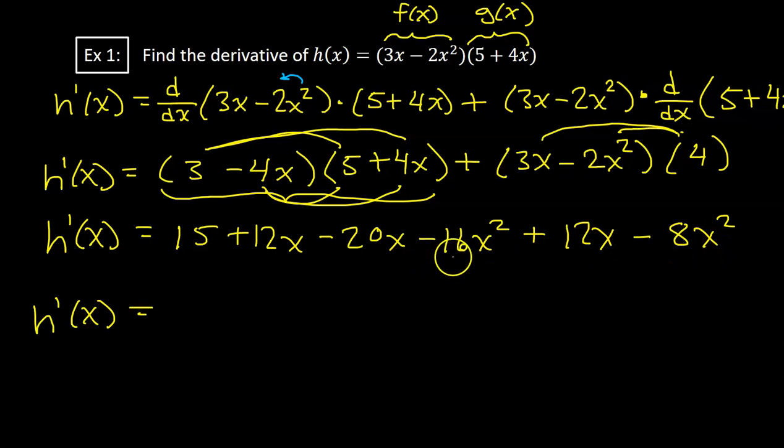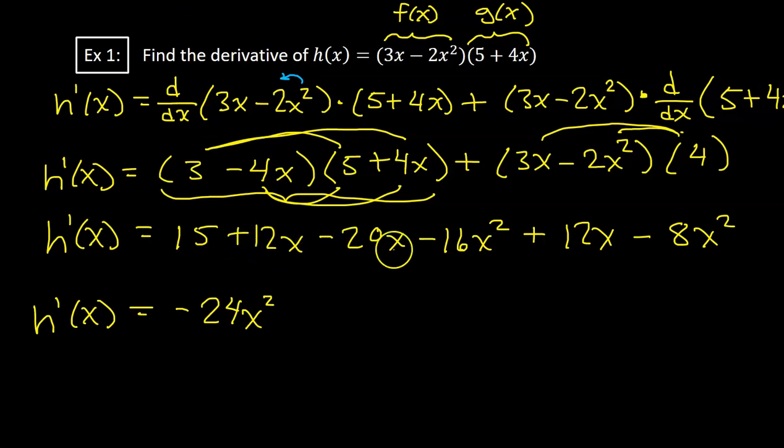I have negative 16 and negative 8. If I put that together, that's going to make negative 24x squared. Now let's move on to the x terms. I see negative 20 and 12. So that's going to be negative 8x. Oh wait, there's another x term.